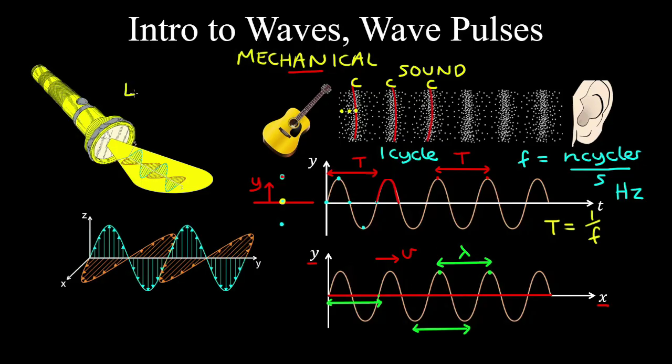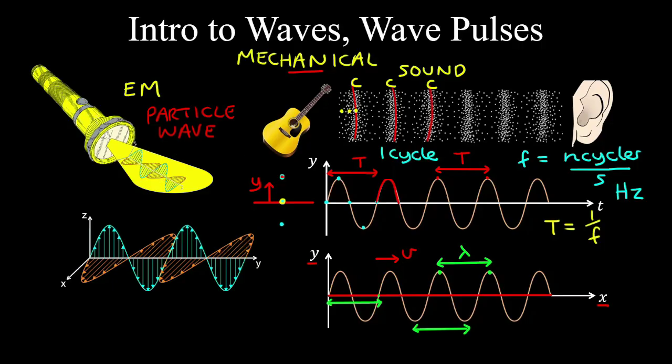But electromagnetic waves, on the other hand, or light waves, do not require a medium to propagate. So remember that light behaves like a particle and a wave, so it can create its own disturbances.